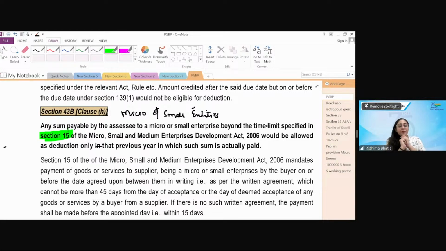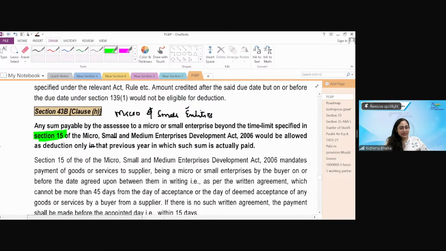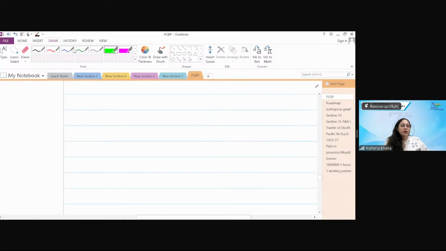A question आपके mind में आएगा कि what does section 15 of MSME Act say? So section 15 of MSME Act says that you have to make payment as per the terms of contract. You have to make the payment within the timeline written in the contract.